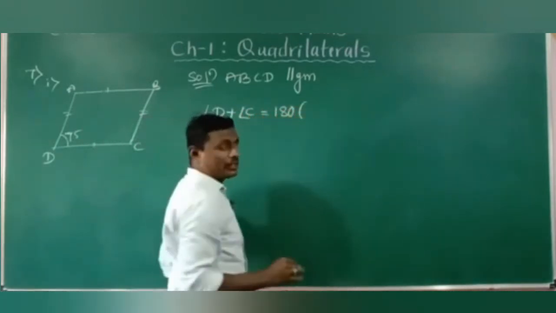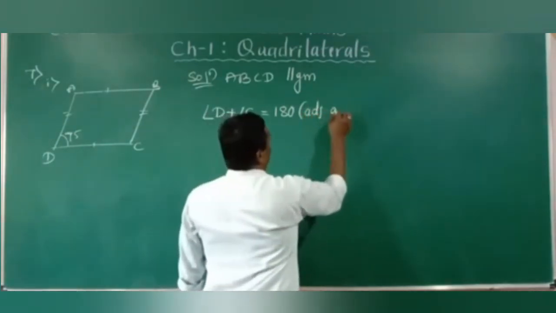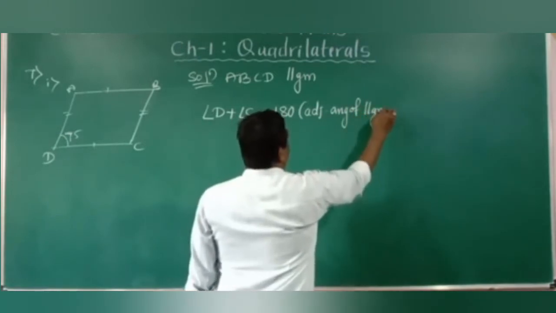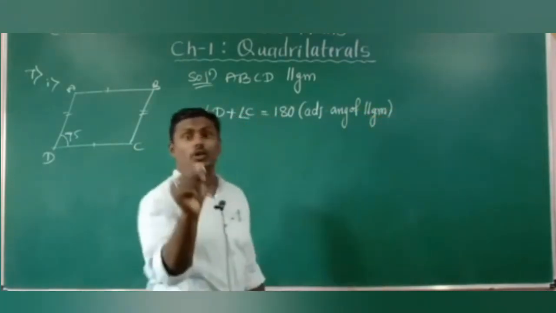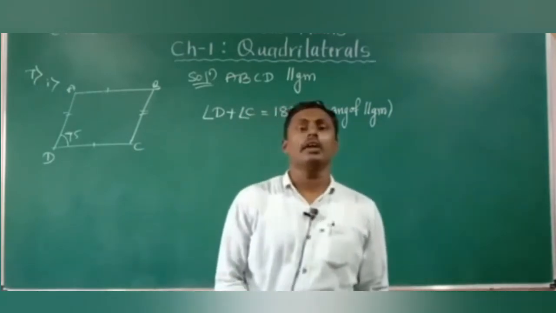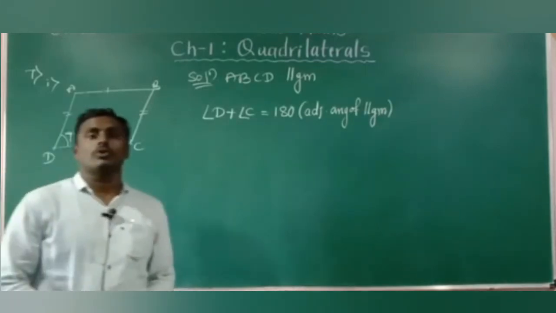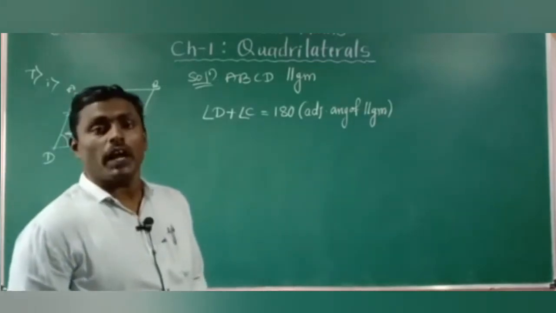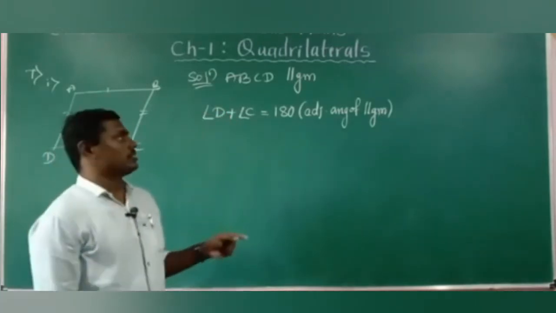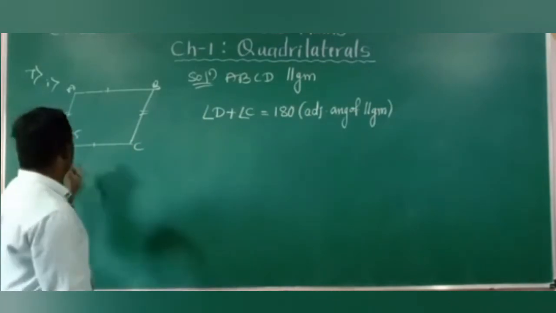What reason do you have to write? Adjacent angles of parallelogram, or you can also write co-interior angles of the parallelogram. Whenever the angles form between two parallel lines, the sum of those two angles is called co-interior angles.